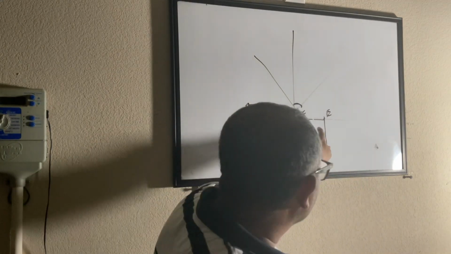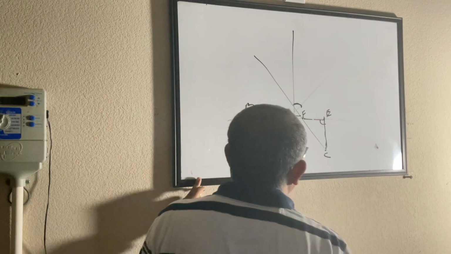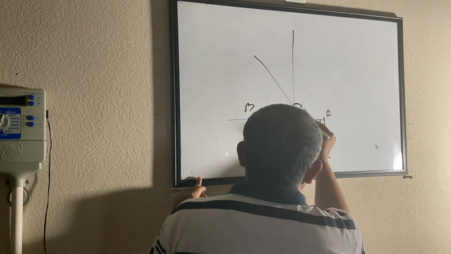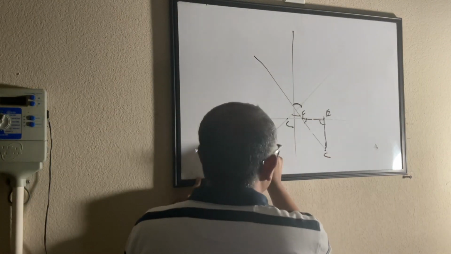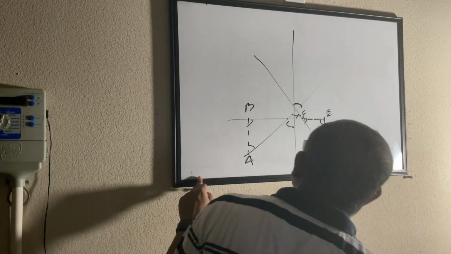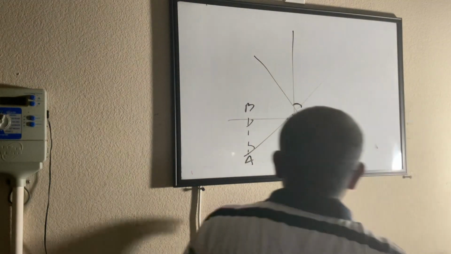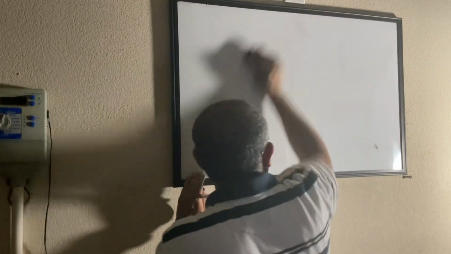I am saying these two triangles are similar because this angle is 90 degrees. Now you say this angle will be equal to this angle because this angle will be equal to this angle. Let me draw a similar picture so that I don't have to start you guys from the beginning.